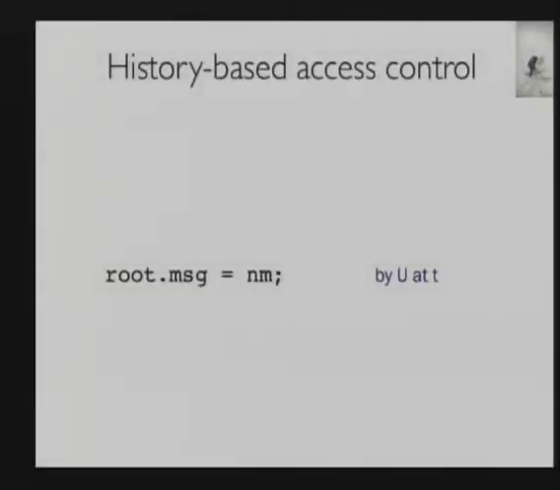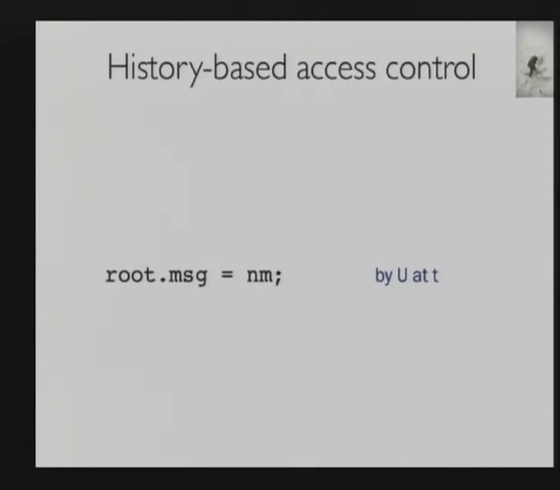So the first thing is histories. What is a history? Well, a history is essentially the sequence of operations performed by some computation. So imagine you see the operation root.msg is assigned nm, and let's say that this is done by the untrusted code at some time point t.